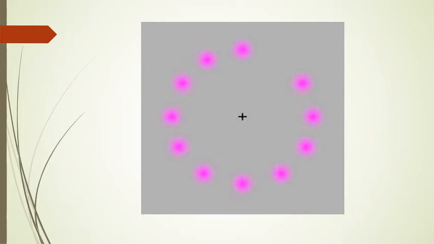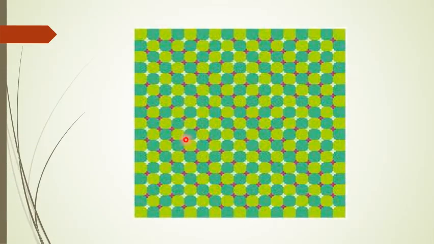Hope you all have understood or seen this illusion. This is another classical illusion where, if we concentrate on this picture, you can see a wave-like motion passing from here to here, or from here to here diagonally. If we search in Google, you can see a lot of illusions like this.